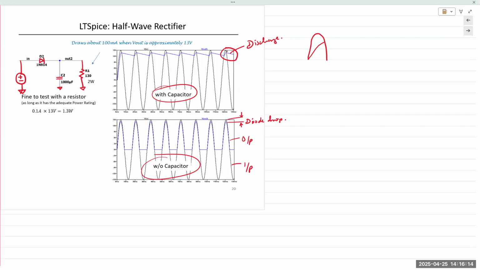And hence, 130 ohms is the value for the RL resistor.